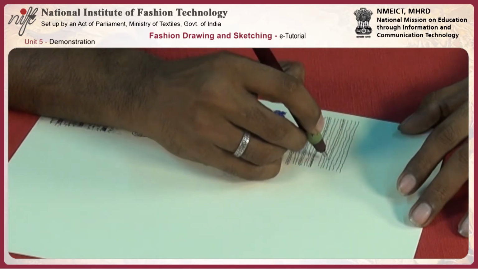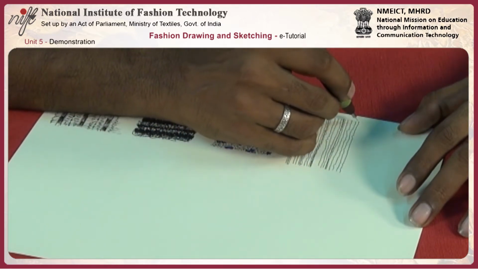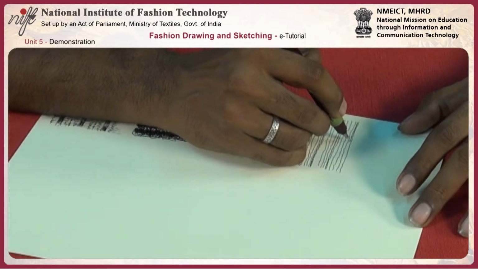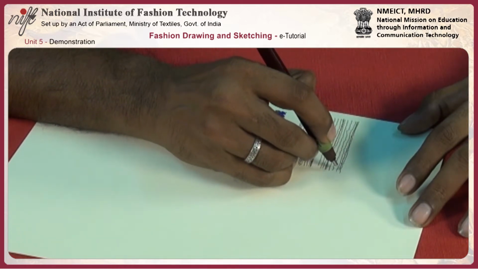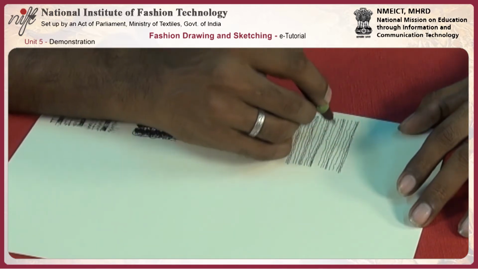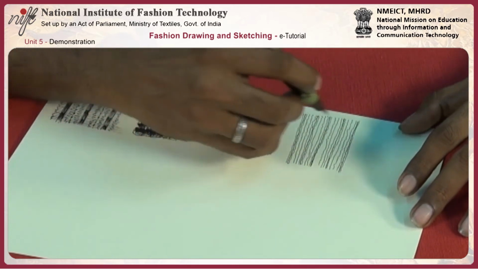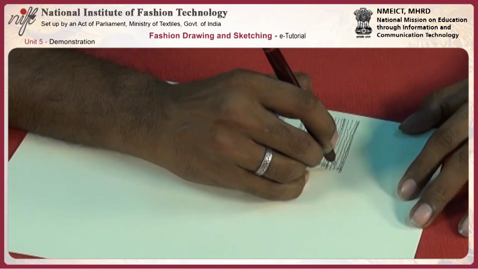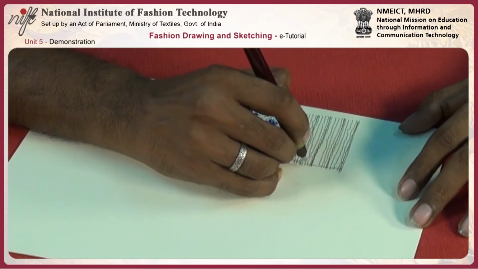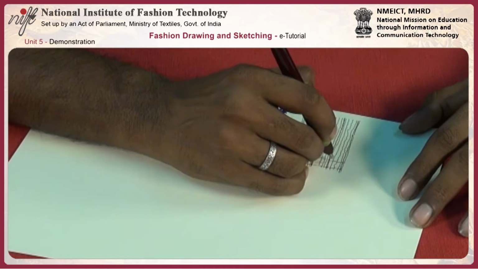Also watch the tip of the pen and how I have created a lot of difference between the lines that I drew previously. So the fashion illustrator has to practice such techniques to make one's illustration as interesting as possible.